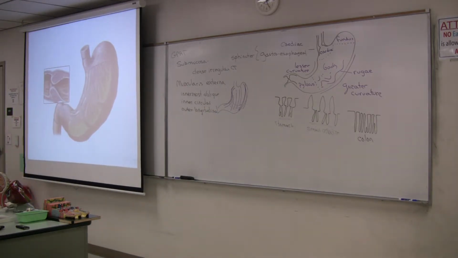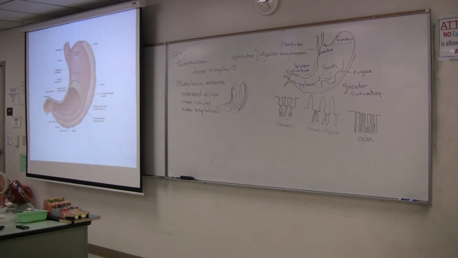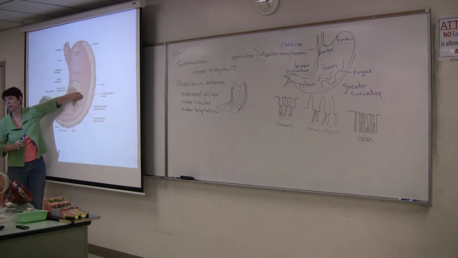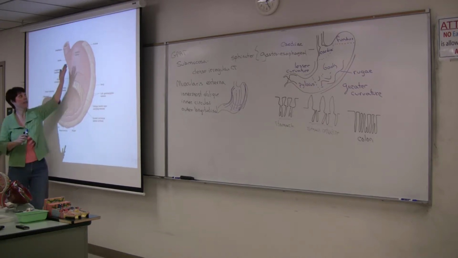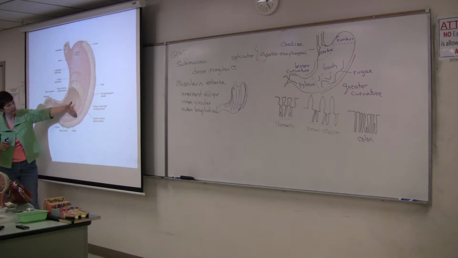If we look at this next slide, it puts those all together. Here's the innermost oblique. Here's the inner circular. And then these fibers here would be the outer longitudinal.